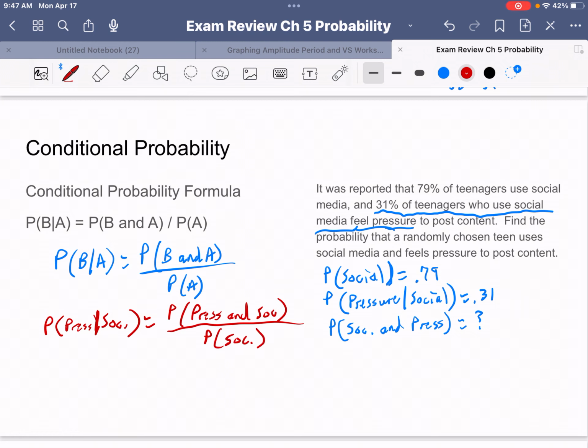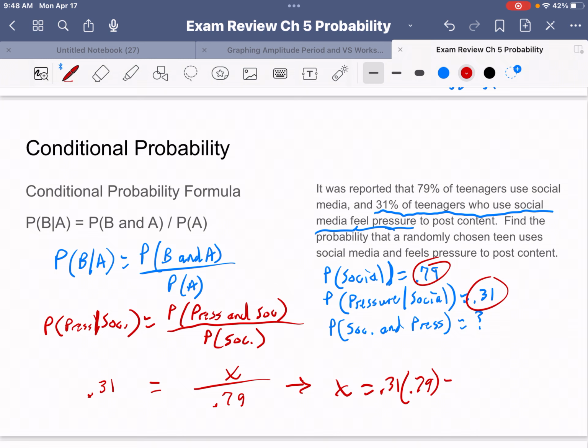So then substitute 0.79 for social, and pressure given social 0.31 goes here, and social and pressure is our unknown. So then doesn't that say that x equals 0.31 times 0.79, and multiply and get your answer? So it usually helps to write down what you're given symbolically, and it helps you know where to substitute.